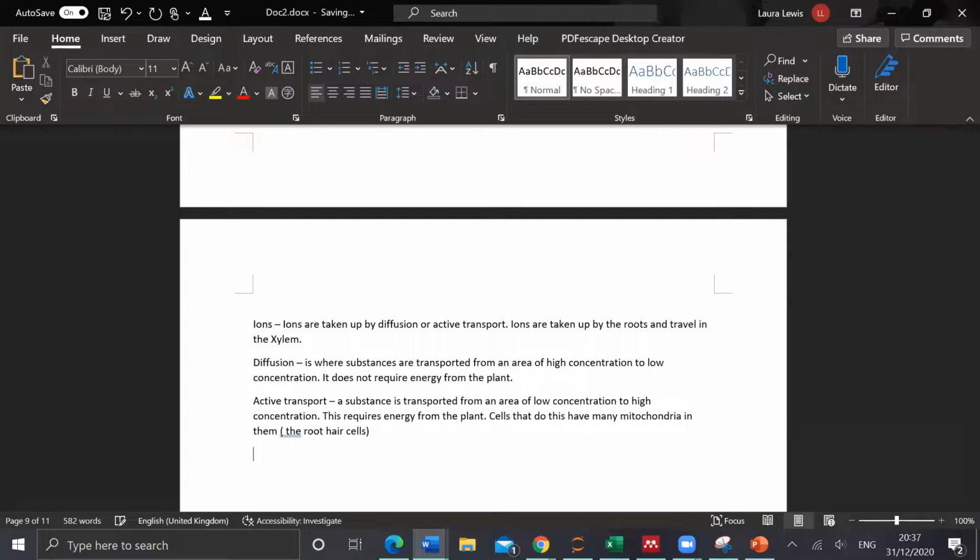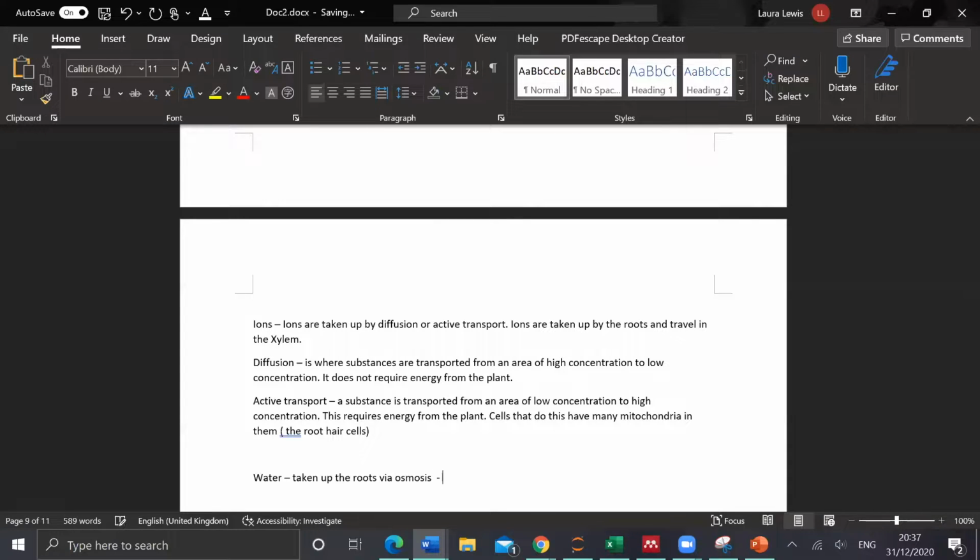So we talked about ions. Now water. We know about this. It is taken up by the roots via osmosis. Osmosis is the special word for when water moves.